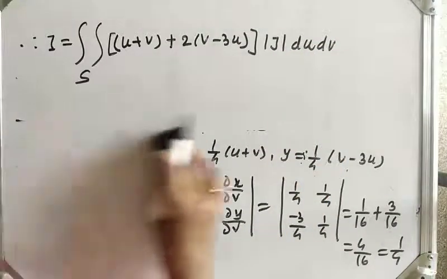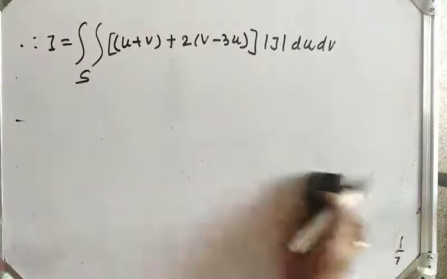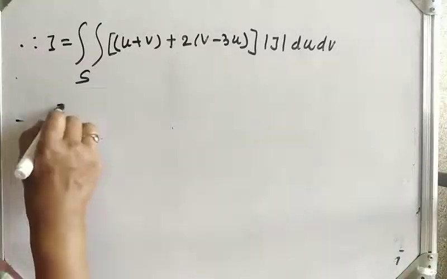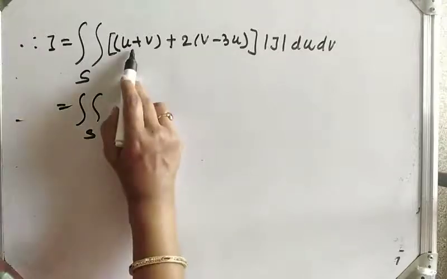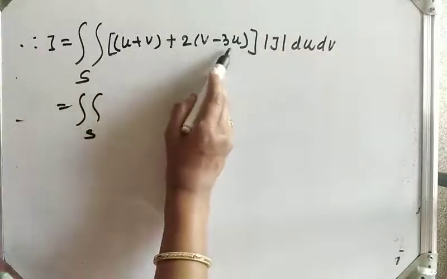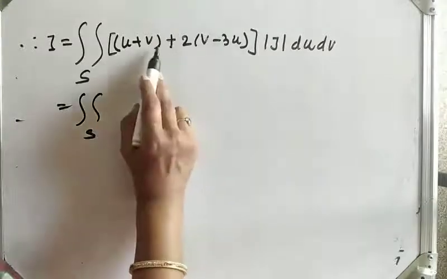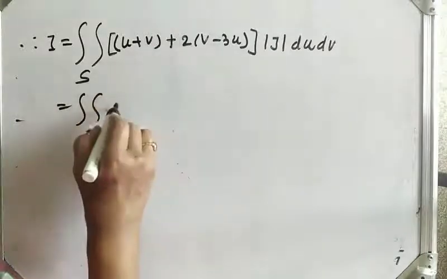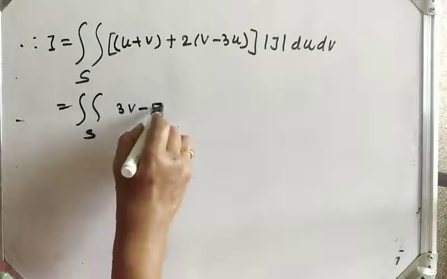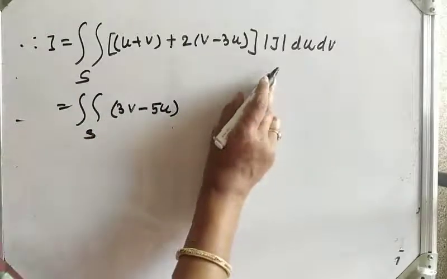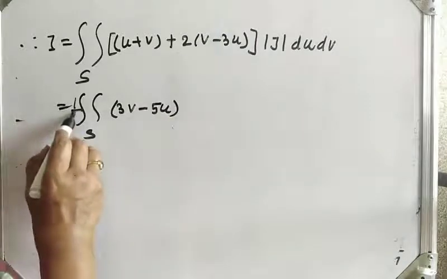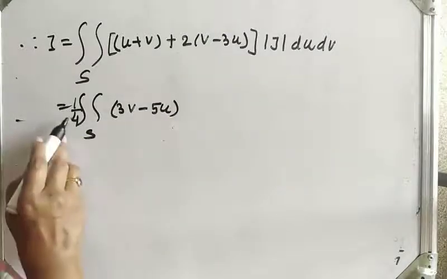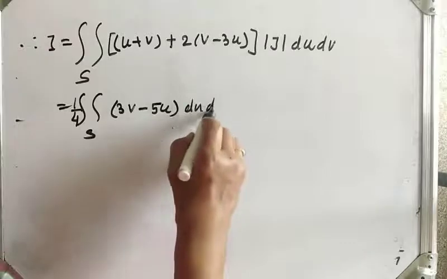After simplification, u plus 2v minus 6u gives minus 5u, and v plus 2v gives 3v, so it is 3v minus 5u. Mod J is 1 by 4, so I is equal to the double integration over S of (3v minus 5u) times 1 by 4 du dv.